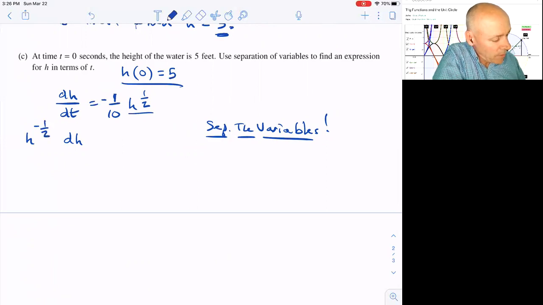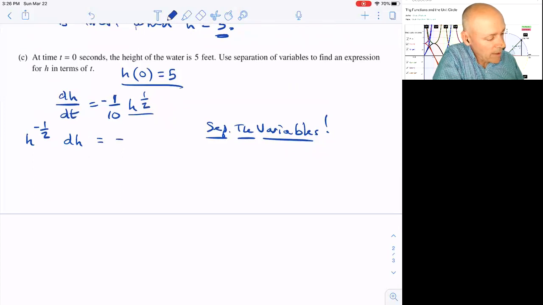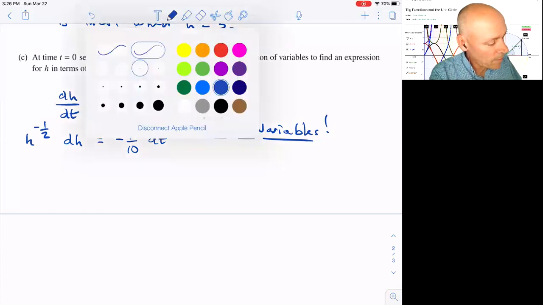If you think that through, the negative would mean that I would have 1 over h to the 1/2. In essence, I've divided both sides of my equation by h to the 1/2. So that's the left side of my equation. I'm going to bring the dt over to the right side, and so I'm going to have negative 1/10, leave that constant right where it is, dt. Okay, so I've separated the variables.